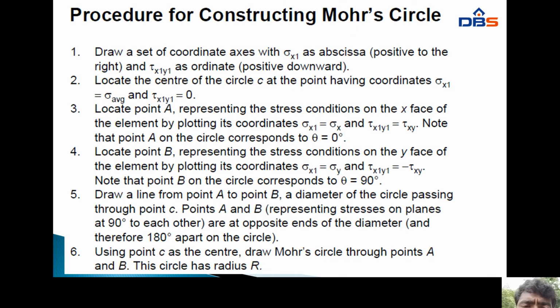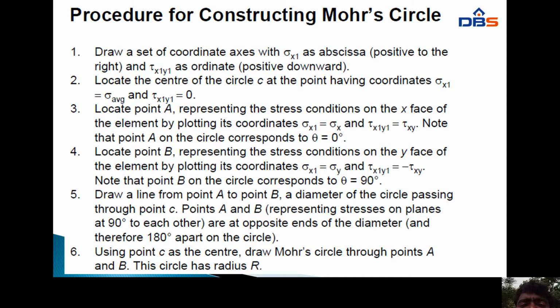Next, the third one is to locate a point A representing the stress coordinates on the x-face of the element by plotting its coordinates sigma x1 equal to sigma x and tau x1 y1 equal to tau xy. Note that point A on the circle corresponds to theta equal to 0.